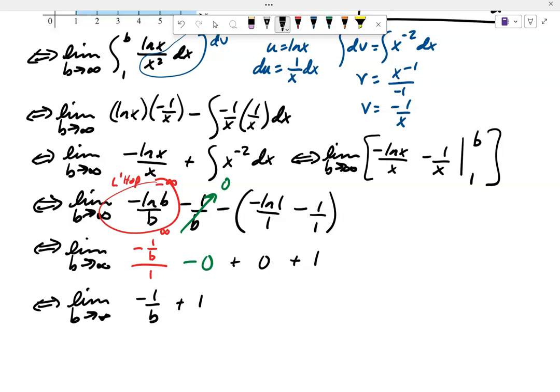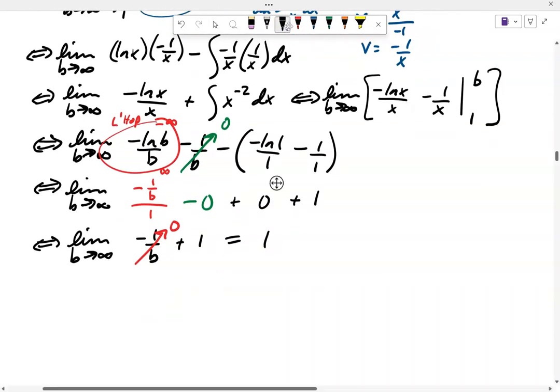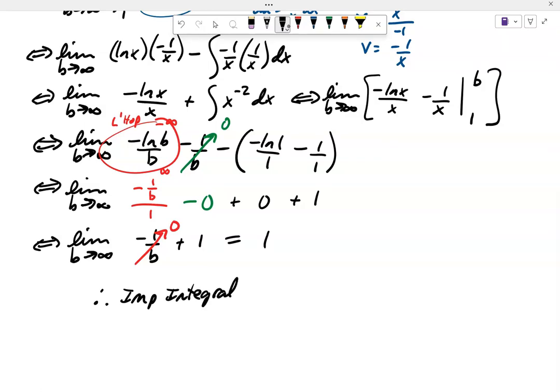Well, as this runs to infinity, this goes to 0, and so we end up with 0 plus 1. So we get 1. Therefore, the improper integral converges again.